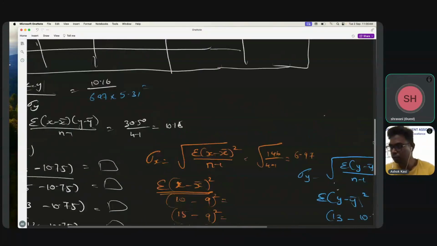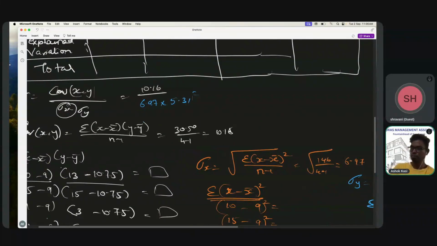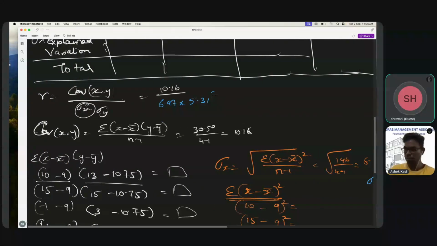Calculate this r. 0.274. Oh, that much is only the correlation. Okay, fine. So now we'll check using the shortcut method.